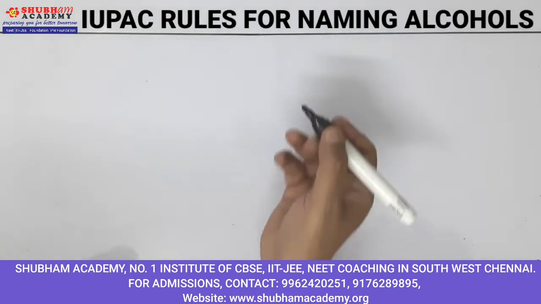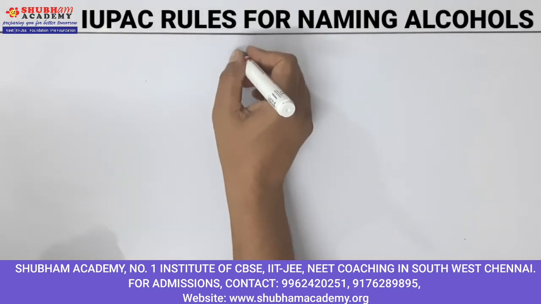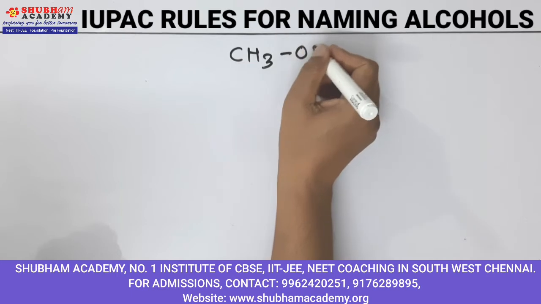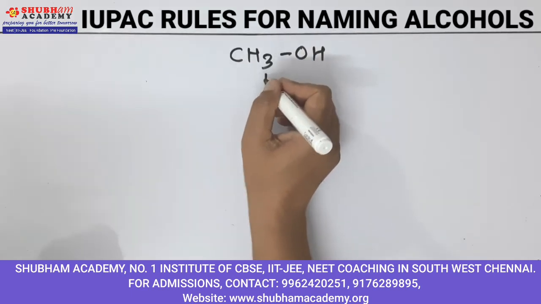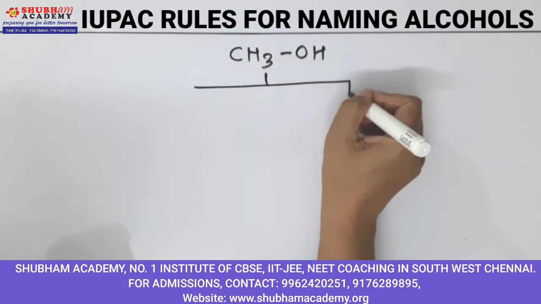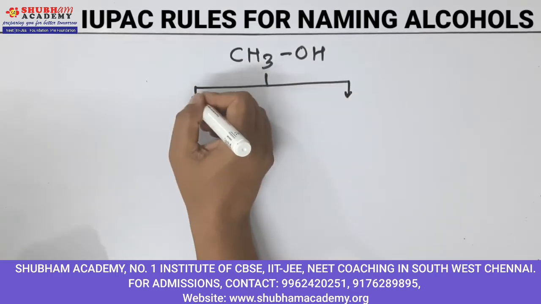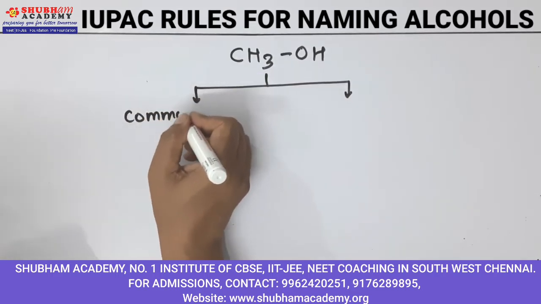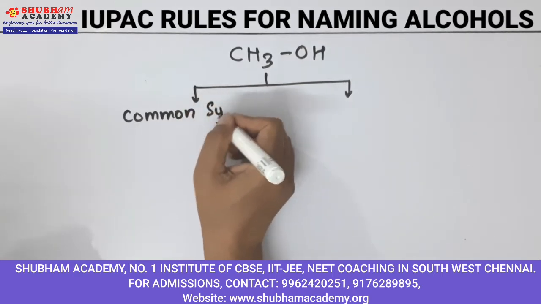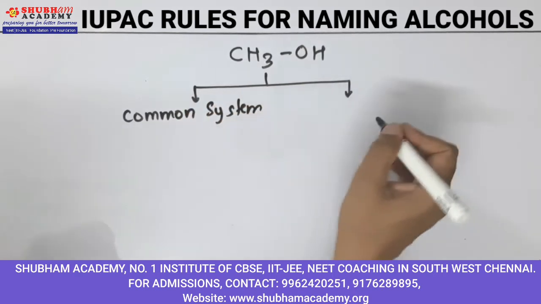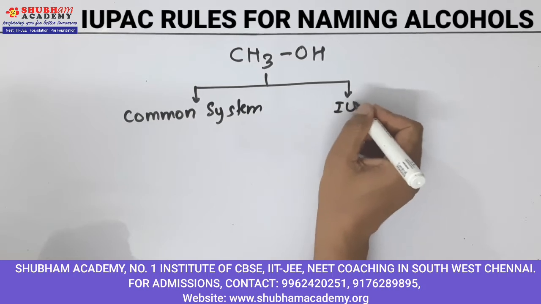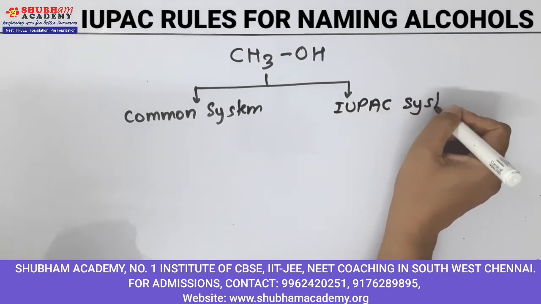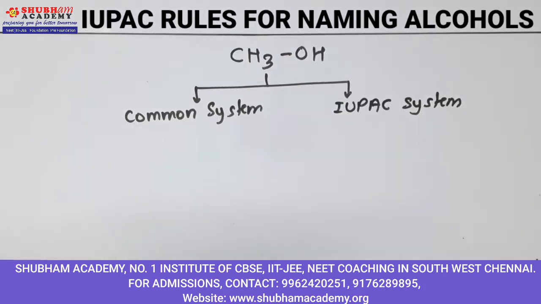Okay, so now we will see how to name alcohols, right? Okay, so suppose the compound given to you is CH3OH. Okay, now there are two systems of naming. One is common system, and other is IUPAC system, right?